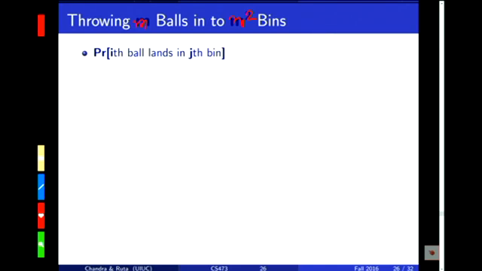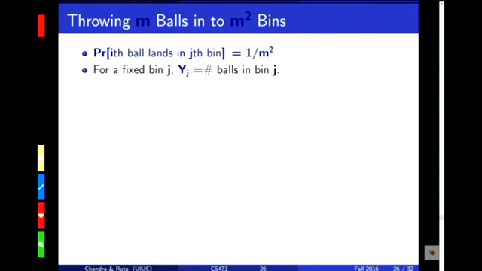So if I'm looking at the size of any particular bin, what is the expected size of that? 1 over m, right? Because I'm throwing m balls, and the probability of any particular ball landing into this bin is 1 over m square, so the expectation is m times 1 over m square, which is 1 over m. Now the expectation is very, very low. Previously it was 1, now it's 1 over m.